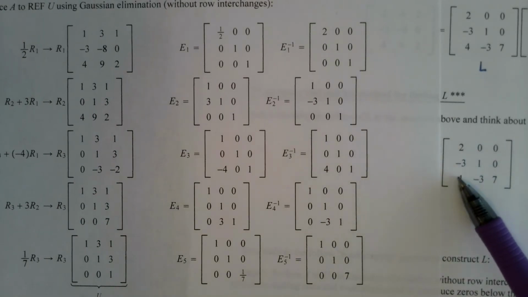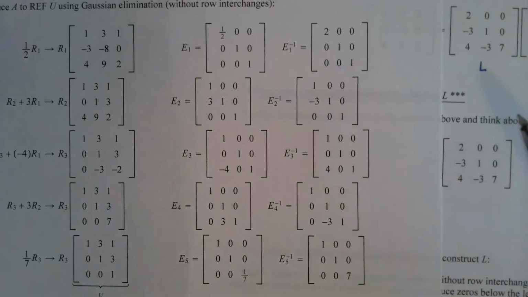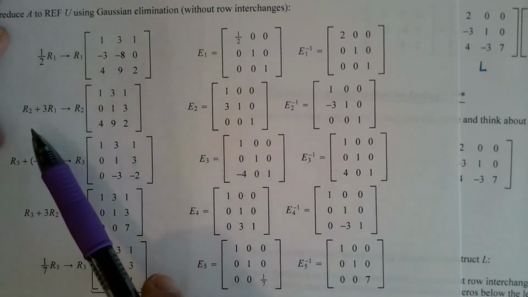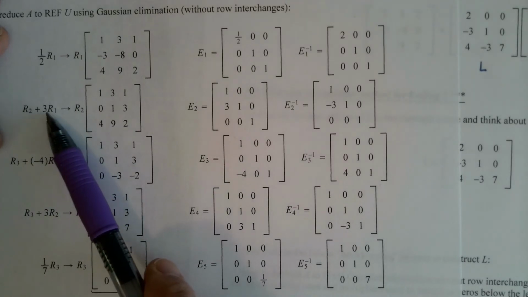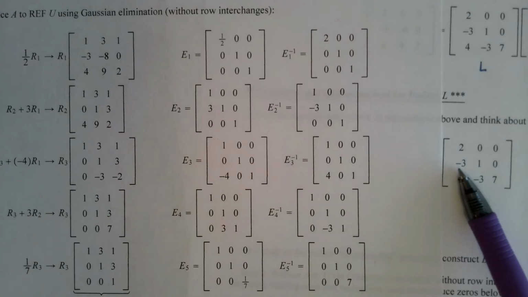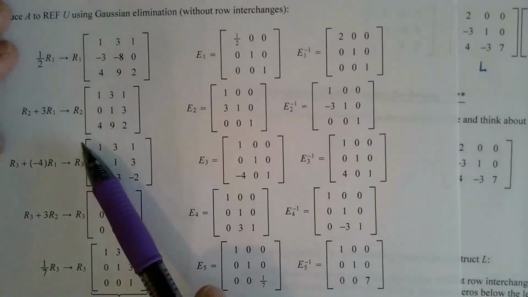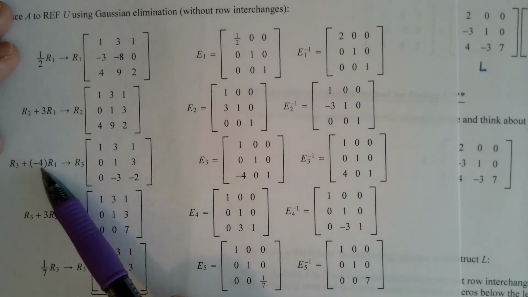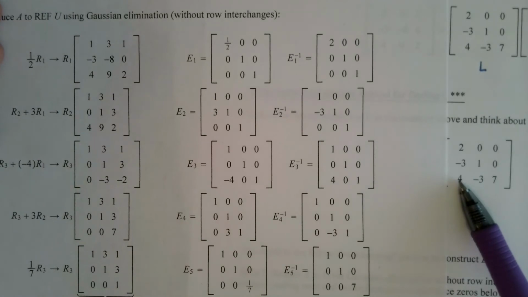If you look at the entries below the main diagonal, those correspond to, how did I zero this to get this -3 out? I had to multiply row 3 by 1. My multiplier was 3. And notice we have the opposite, not the reciprocal, but the opposite of the multiplier here, -3. What did we have to do to get the 0 here? We had to multiply by -4. What's the opposite of -4? +4.